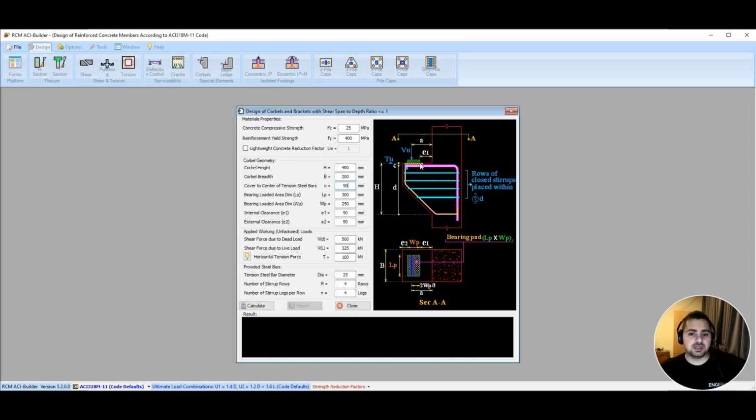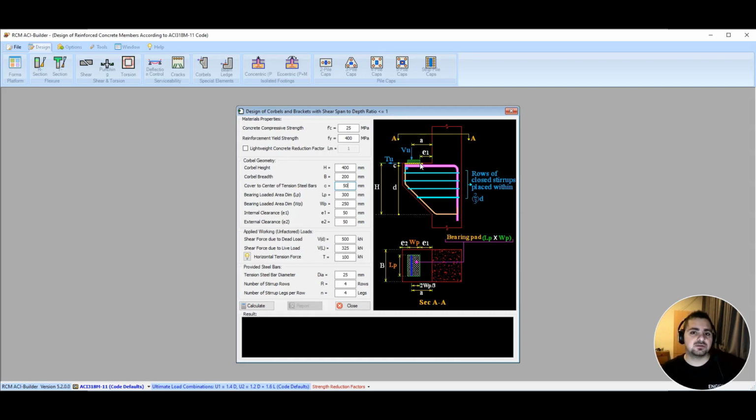Now, when we are talking about the bearing loaded area, we need to take into consideration the bearing capacity or the bearing stresses. And we need to look at the code to see the limitations that this code sets for me in terms of my bearing stresses. And the code says that P over A should be less than or equal to 0.2 F prime C.